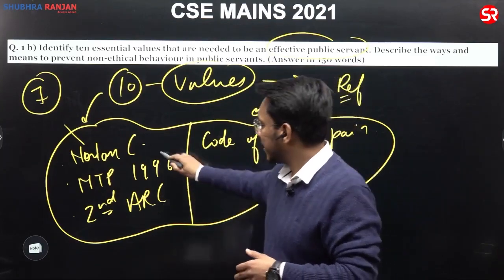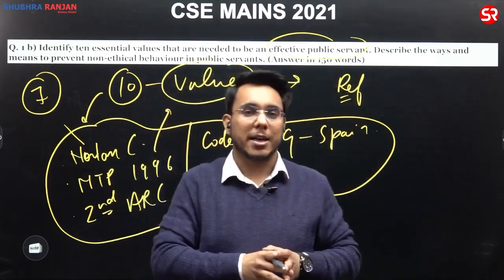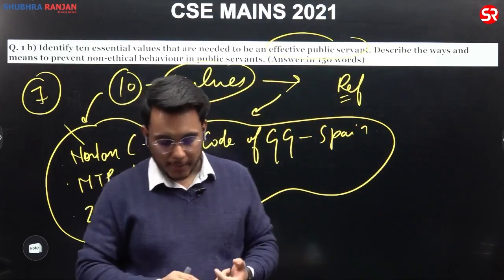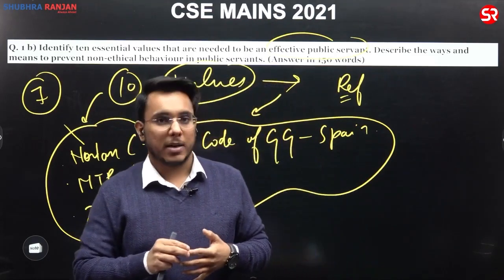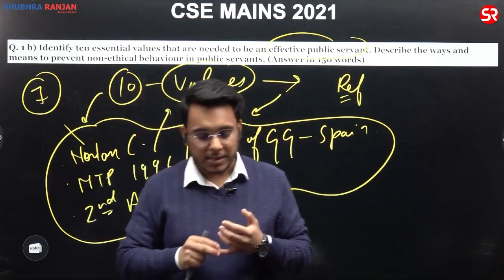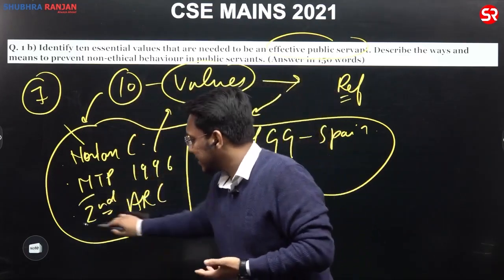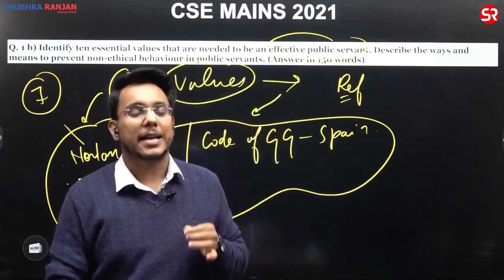Clear? When we talk about the National Training Policy of 1996, it talked about the 4 most important values to be an effective public servant. It talked about responsiveness, commitment, awareness, and accountability. Clear? Then the second ARC, report number 10.